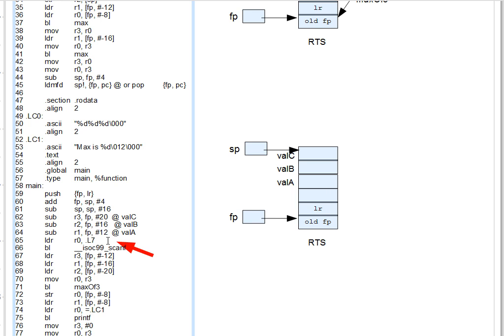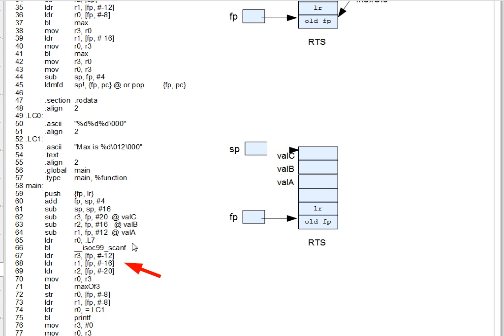So next question. The call of scanf is obvious enough, but what are these lines after it doing? Lines 67 through 70. And how did values get into those memory locations that we're loading there? Well, the answer is they're setting up the 3 parameters of the max of 3 call. And they're copying val A into R3, val B into R1, val C into R2, and then moving R3 back into R0 so that in fact val A will be in R0, B in R1, and C in R2.